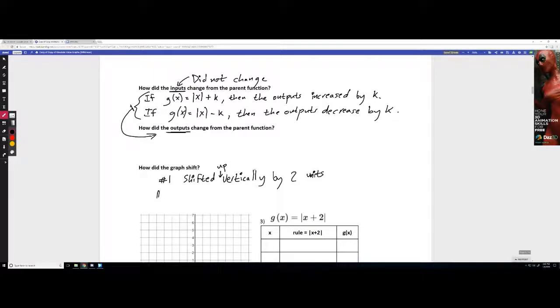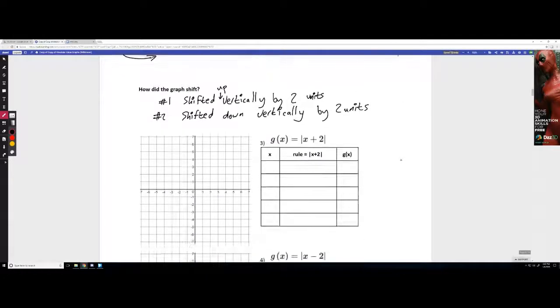And number 2, we shifted down vertically by 2 units. Okay, so those were the two differences. We still went up or down, right? So that's something to note about what that value does on the outside of our absolute value, that plus or minus some number. So those are the first two transformations that can occur.